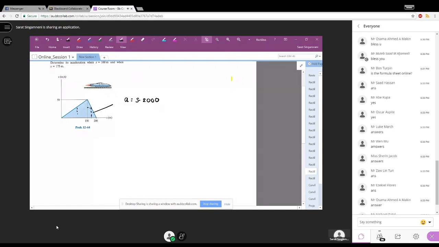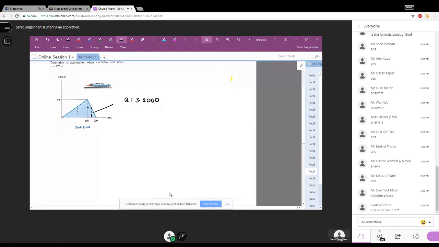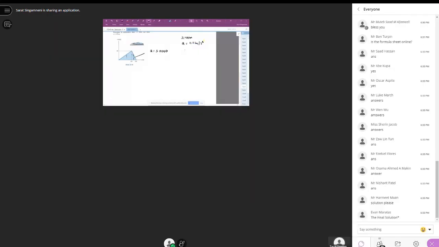And the final answers are: at s equal to 100 meters, acceleration is equal to 11.11 meters per second squared, and s equal to 175 meters, acceleration is equal to minus 25 meters per second squared. So these are the answers.